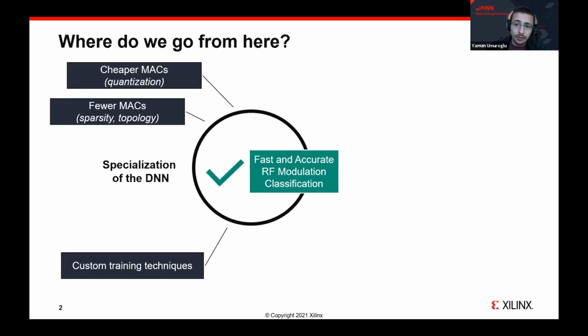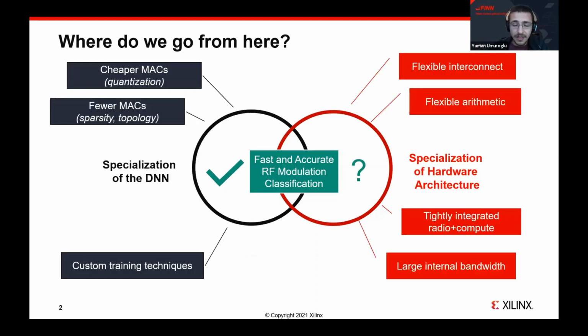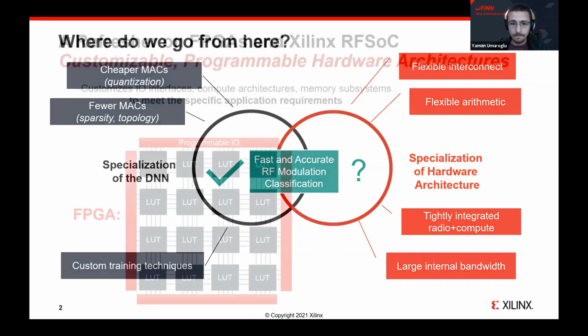How do you actually deploy such a specialized DNN as part of an application that needs fast and accurate RF modulation classification? As we alluded to before, that's going to require some specialization of the underlying hardware architecture as well that implements this DNN. And that needs to provide some capability in terms of interconnects, arithmetic flexibility, being able to tightly integrate radio and compute, and some large internal bandwidth to do all of this with enough throughput and latency.